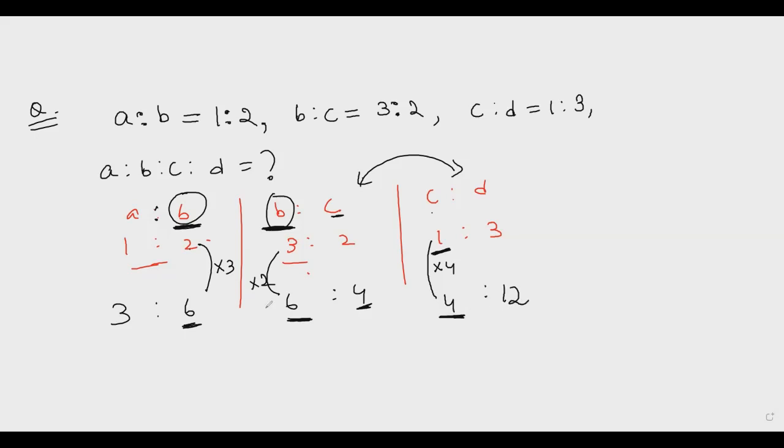Now what is the value of A, B, C, and D? A value is 3, B value is 6, C value is 4, D value is 12. Is that okay? We have to take 2 ratios at a time, right?